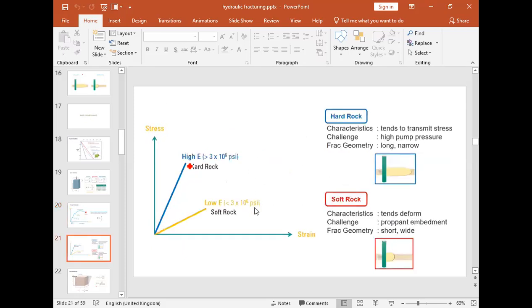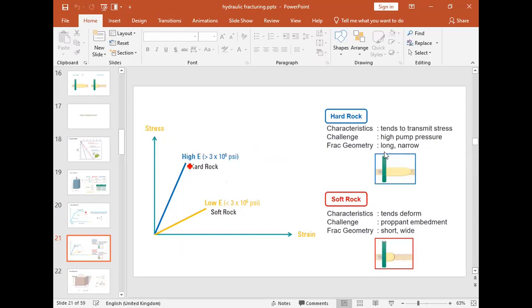All right, so we have talked about this a lot. We have soft material and then we have the hard material. We are seeing what will happen if hydraulic fracturing is performed in a hard material. We see the manner in which the fracture width and the fracture height and all of that, in fact, the fracture geometry will look like.